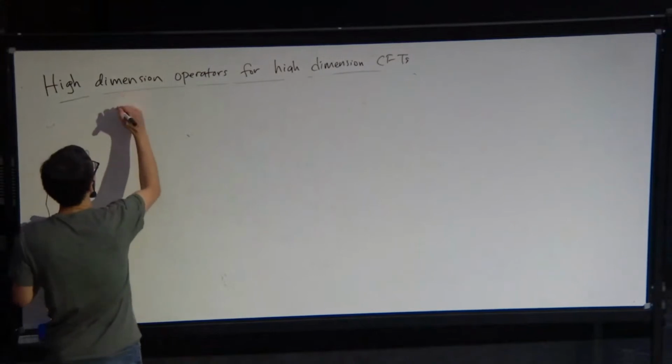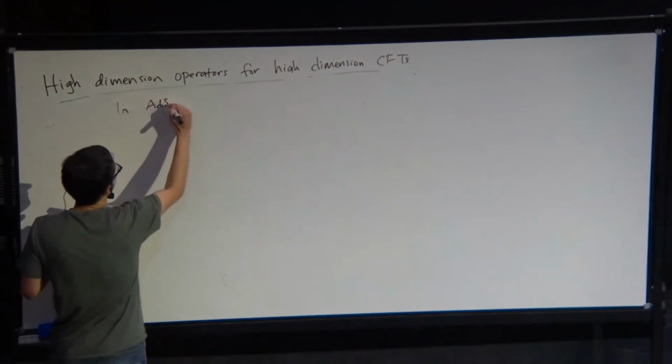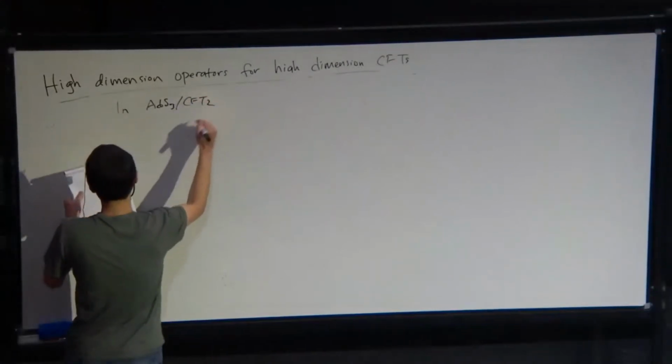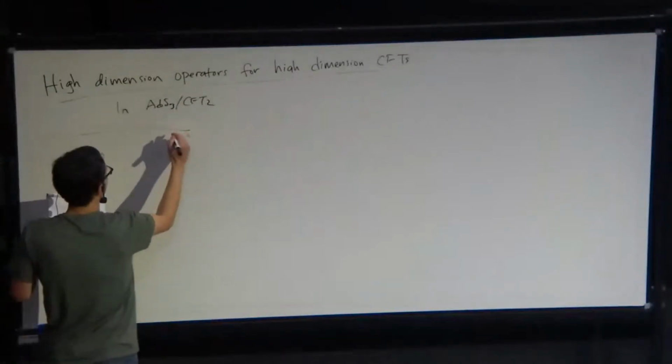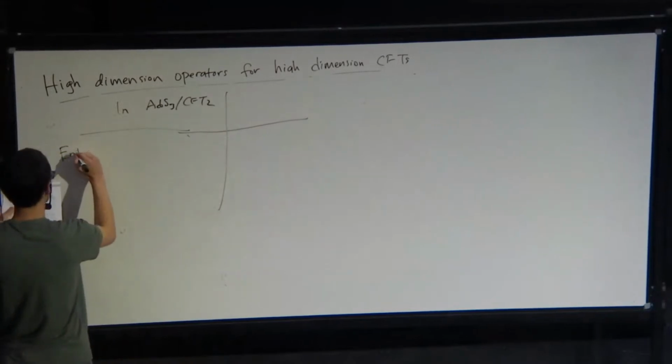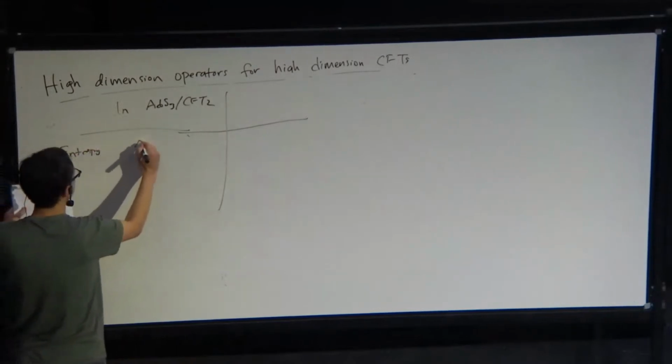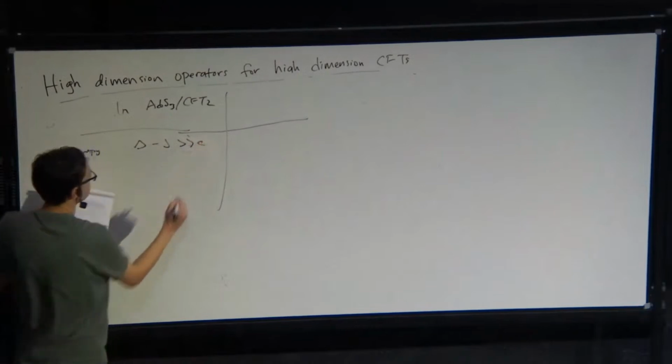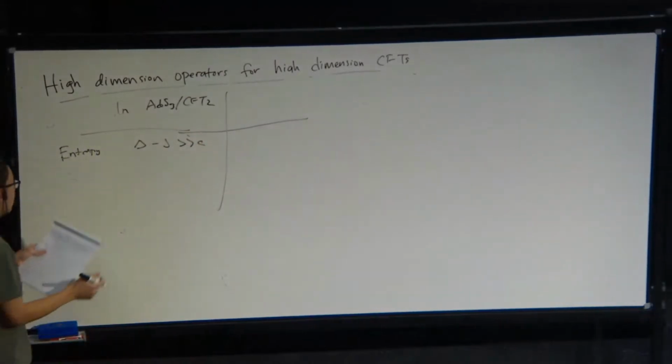So what they showed was that in AdS3/CFT2, the entropy, which is Cardy's formula, is valid when the twist is much bigger than the central charge.